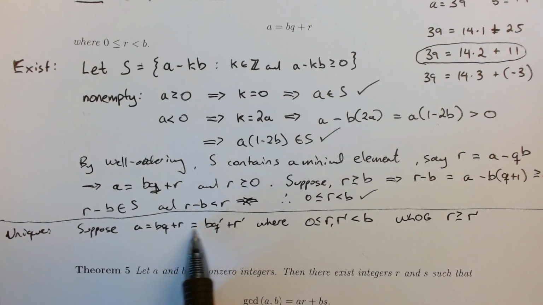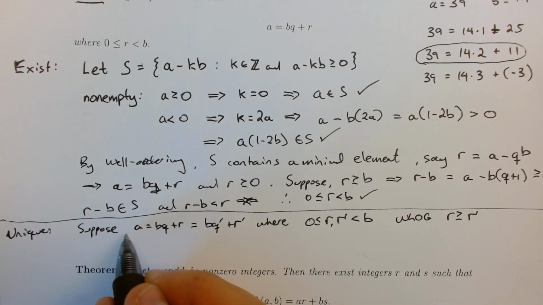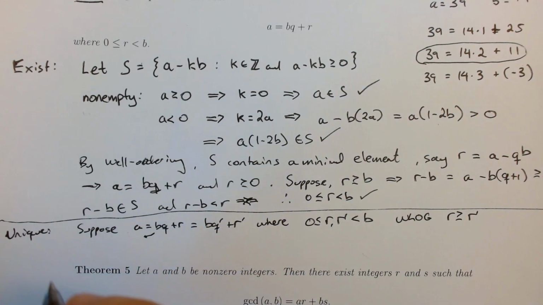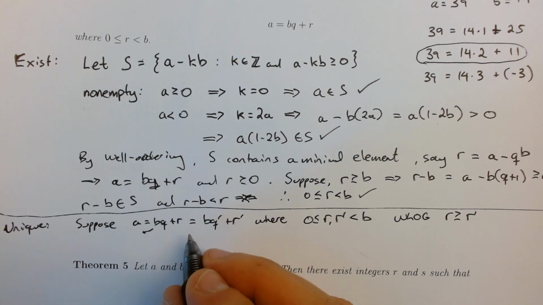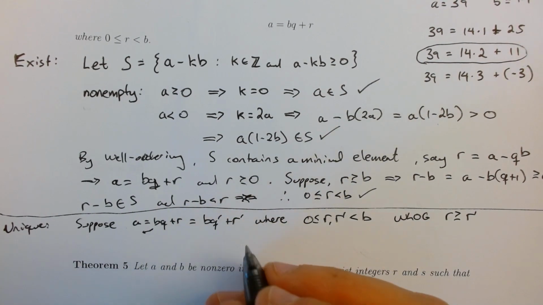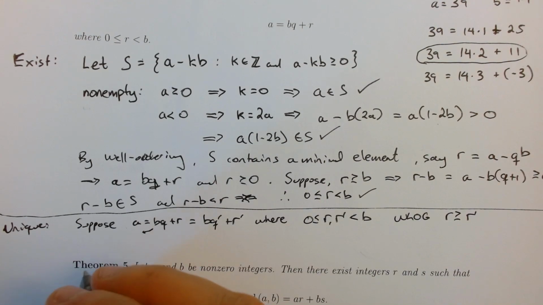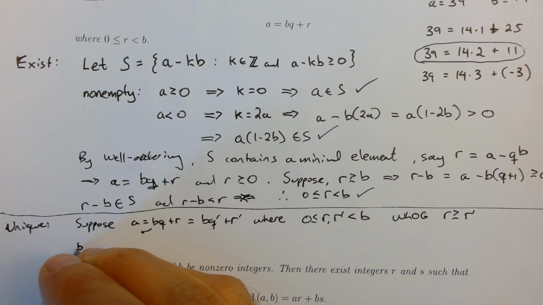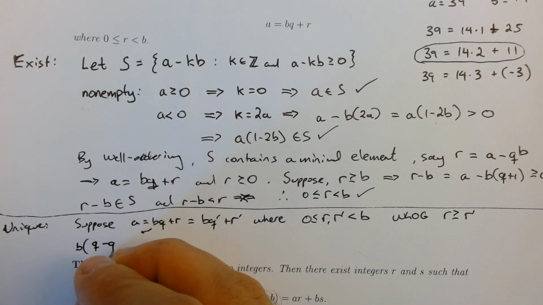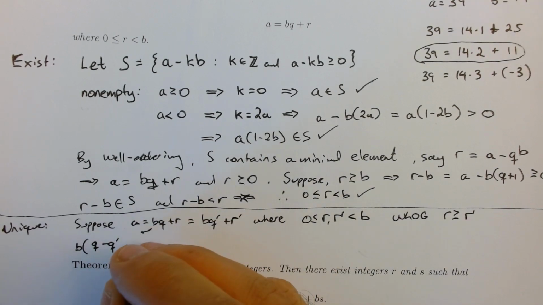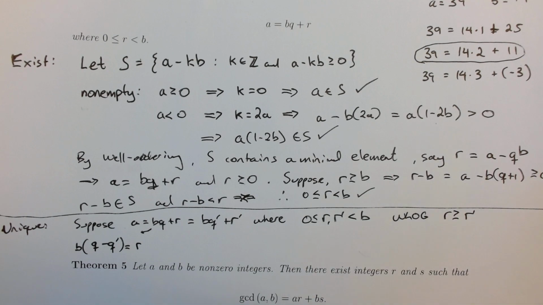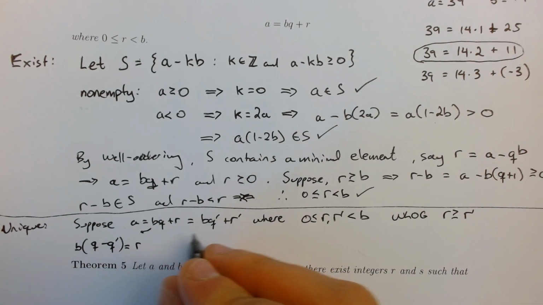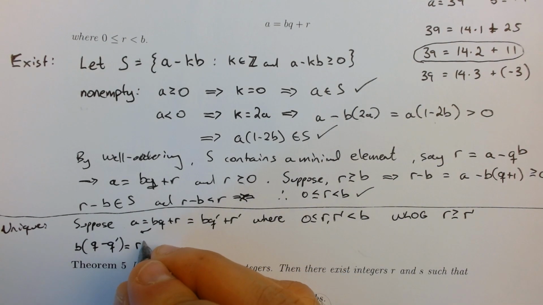So since these two are equal to each other, I can rearrange this equation to put all the b's on one side and all the r's on the other side, and then factor out the b. So you get b times (q minus q prime) is equal to r minus r prime. Let's see, make sure I do that. It's r prime minus r.